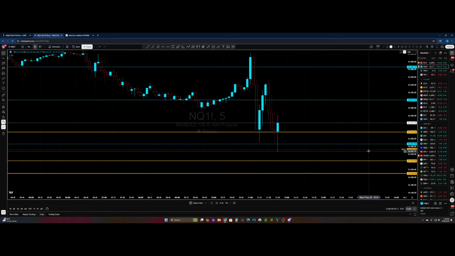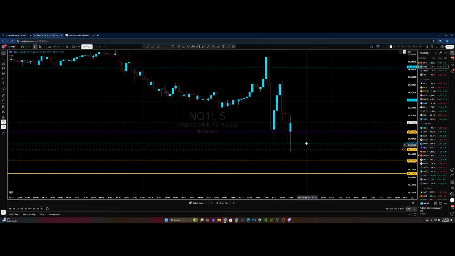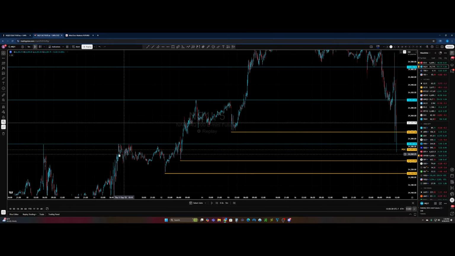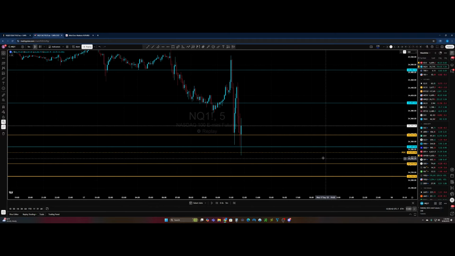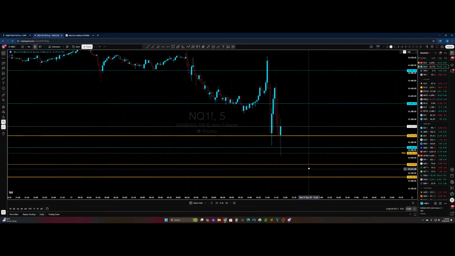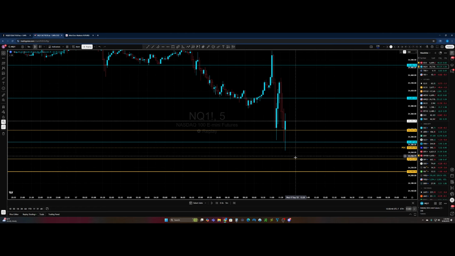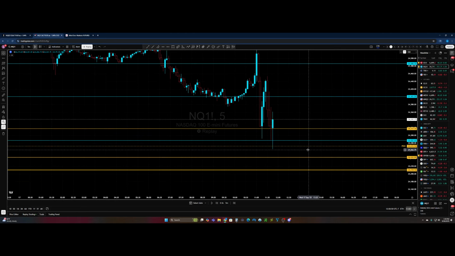We had the POC touch. This was a prior cluster at a key important level of clusters in terms of highs and lows, right? Highs, and then we broke out here. Now, question: is this a level in which we want to trade?